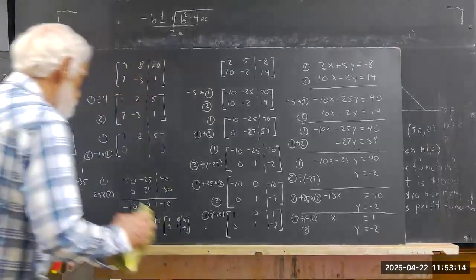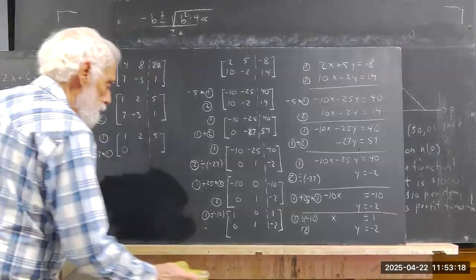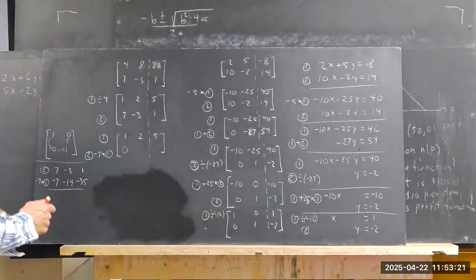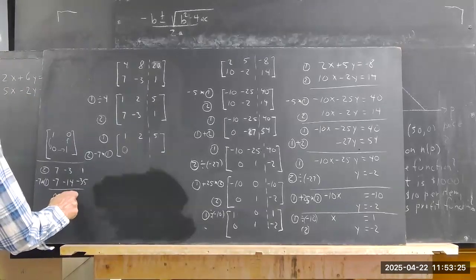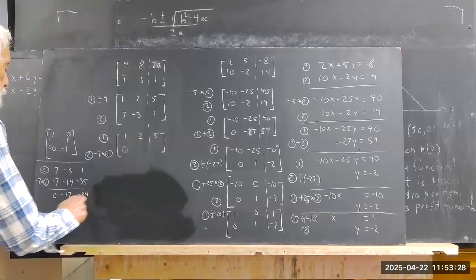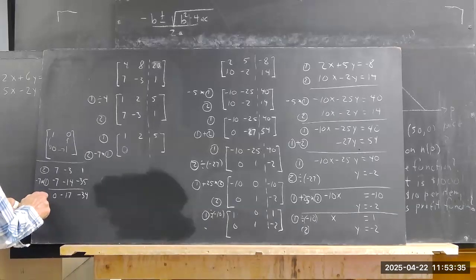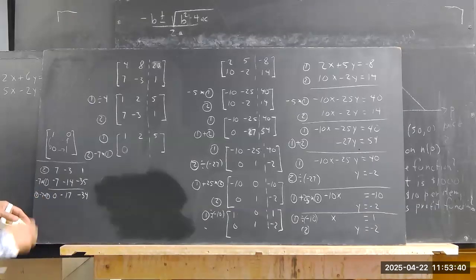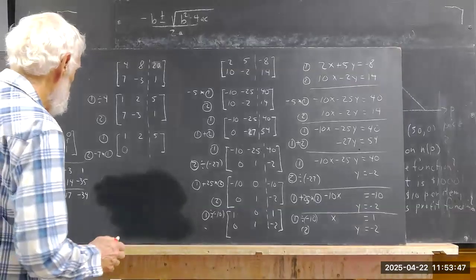Okay, so let's unclutter this a bit. If we add these two, we're going to get 0, -17, -34. And that is row 2 minus 7 times row 1. No, sorry, row 2 minus 7 times row 1.